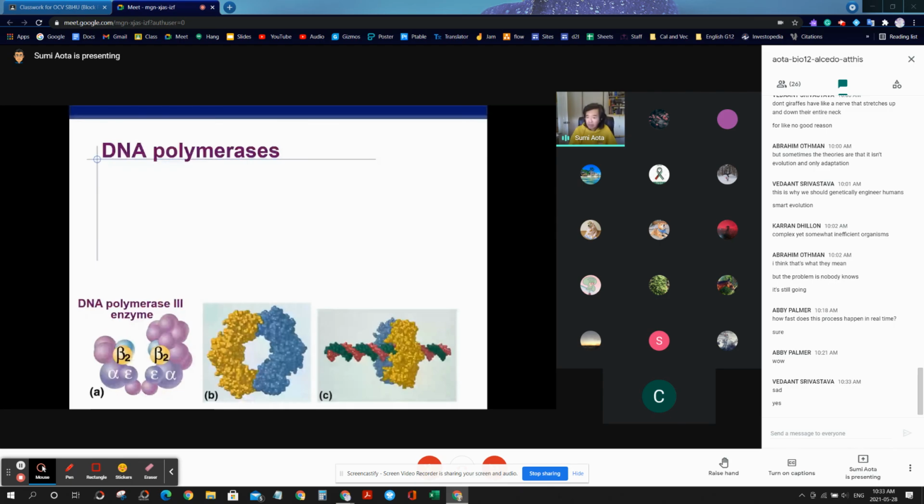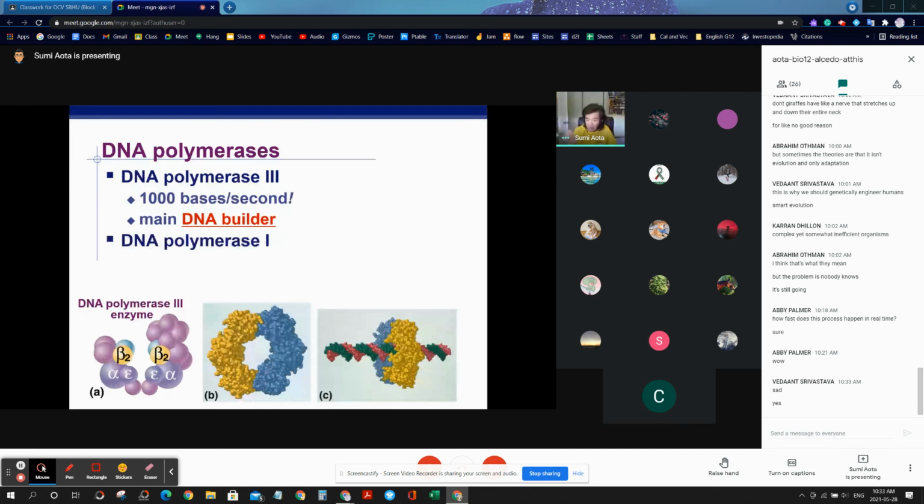So DNA polymerases. Okay. DNA poly 3 works at a rate of about 1,000 bases a second. So it is the main DNA building enzyme in the cell. This is kind of related to Abby's questions about how fast the system works.